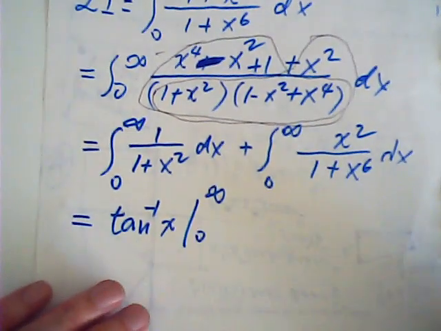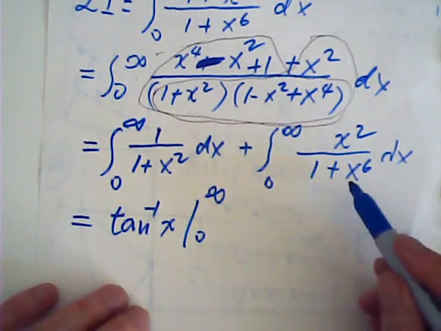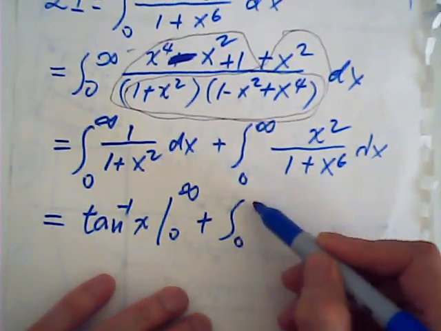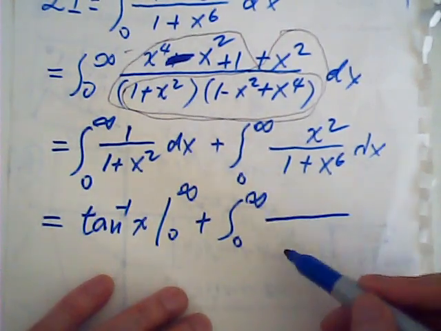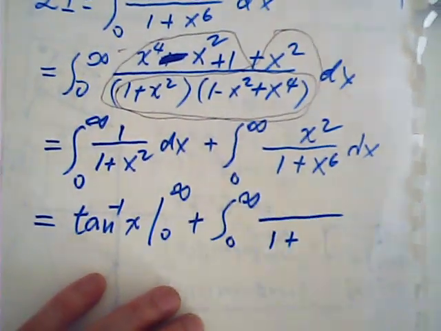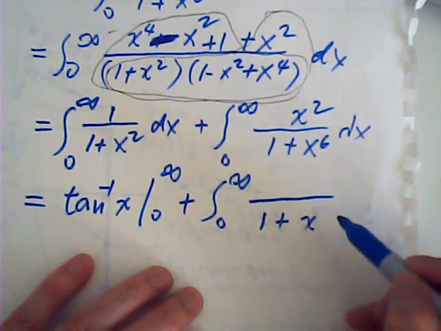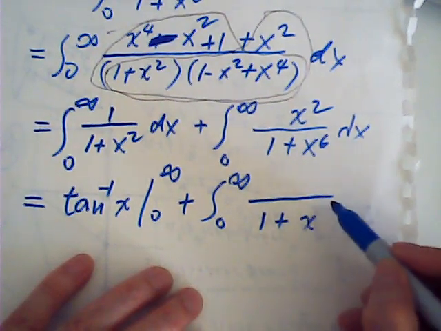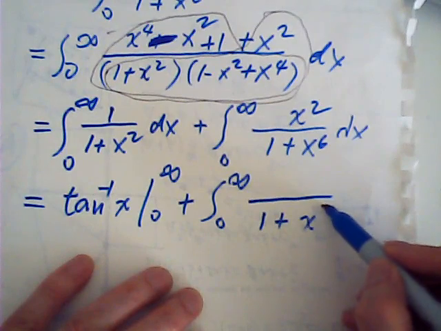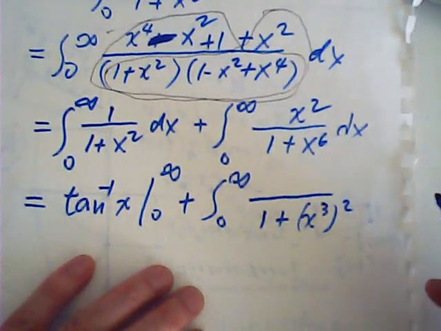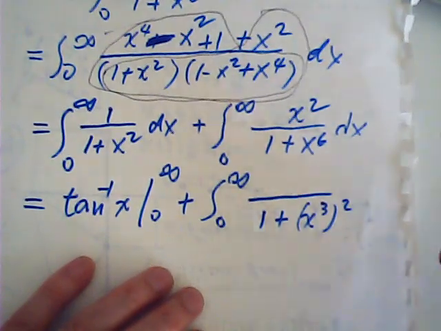And this one is 1 plus x cubed squared, right? That's x 6.